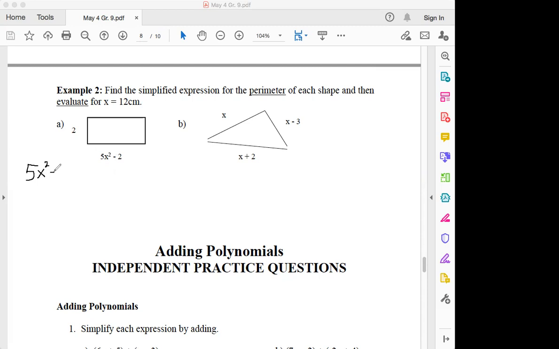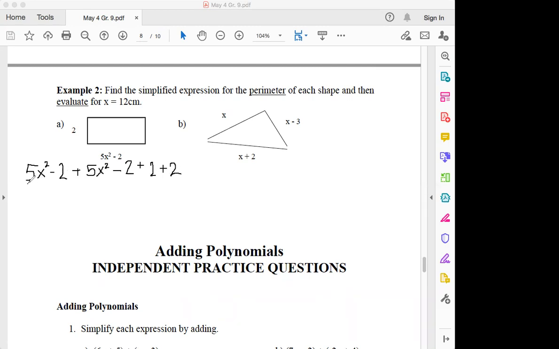minus 2 plus 5x squared minus 2 plus 2 plus 2.